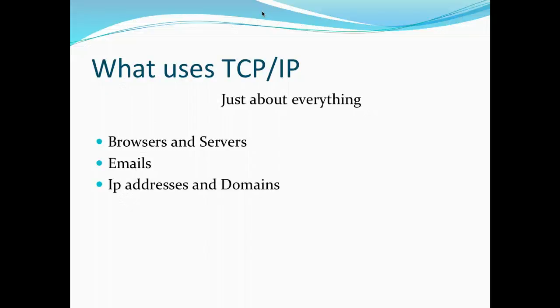So what uses it is just about everything on the net, like your browser and your emailing, Yahoo and Gmail or AOL email. And IP addresses and domains also use TCP/IP.